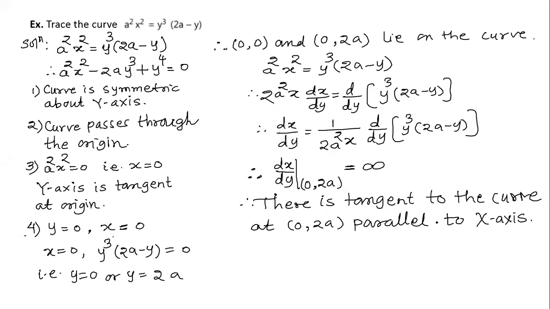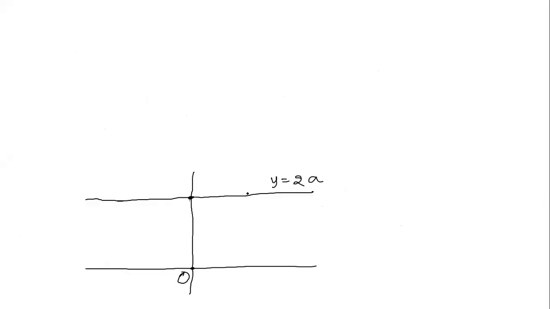So this is an important thing. You see the x-axis there, and the line passing through the point x equal to 0 and y equal to 2a, which is parallel to the x-axis, is nothing but y equal to 2a. That means ultimately y equal to 2a is the tangent to the curve at that point.